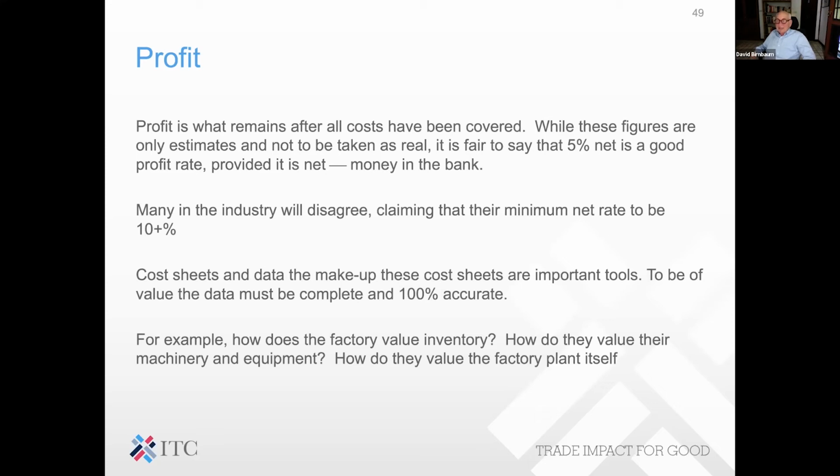If it is not against an order, it's virtually worthless. What is the value of your machinery? These are sewing machines. It's not like a specialized hard goods industry, where computerized equipment is very expensive. The minute you buy the sewing machine, the value goes down by 50%.